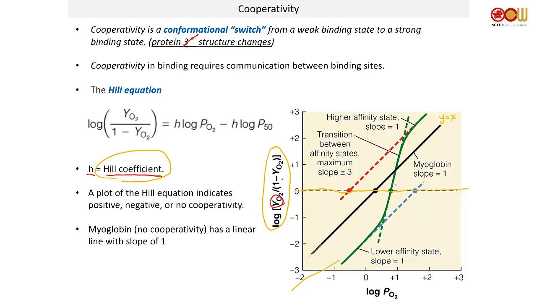But for the red line here, the slope is not 1, right? So this is y equals maybe 3x, something like that, and the Hill coefficient is talking about this 3.